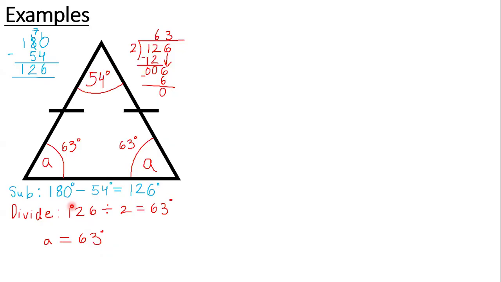First we subtracted 54 from 180, and then we got 126, and then we divided 126 by 2 and got 63. Very good. We divided because the angles are the same.